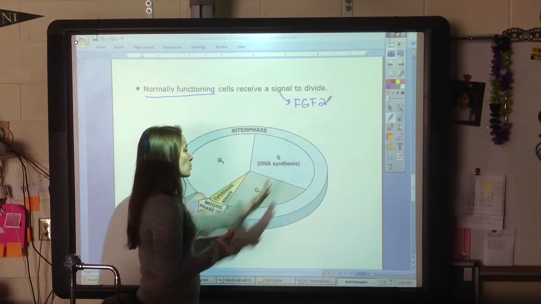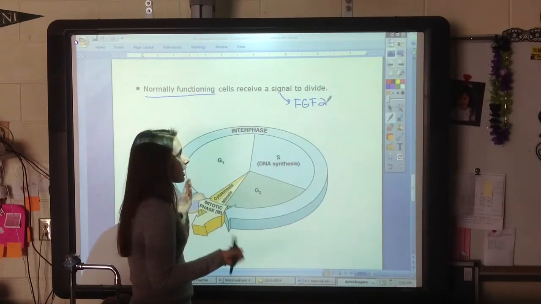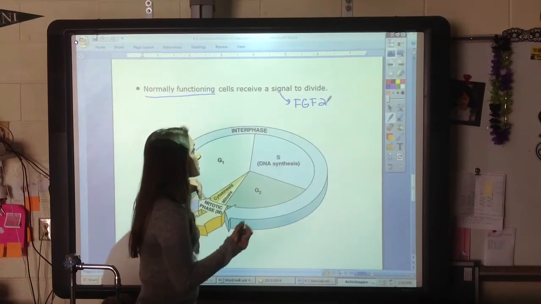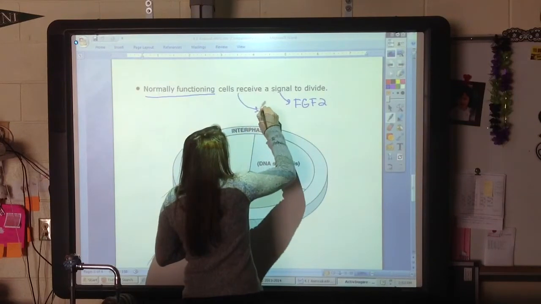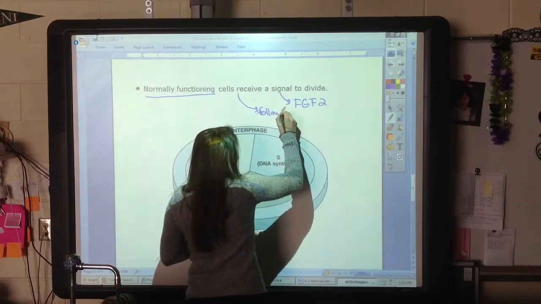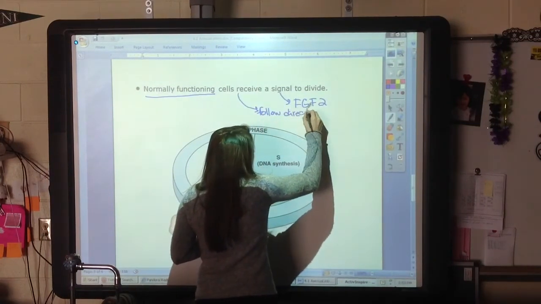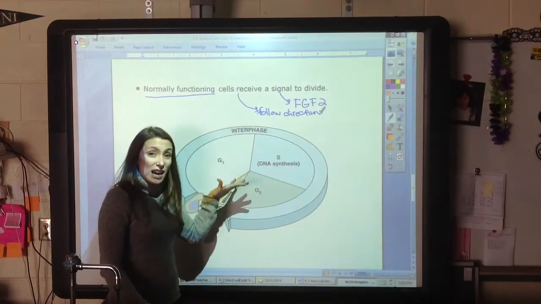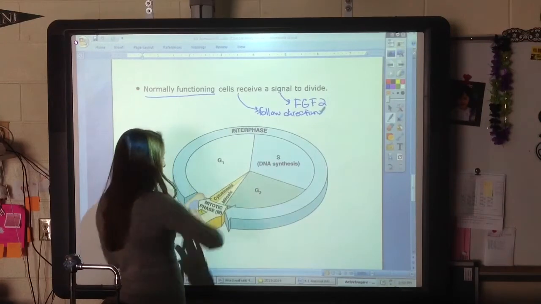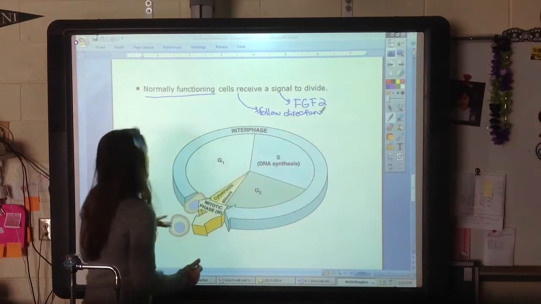We're going to talk much more about this cycle, and we're going to talk about how these cells should also follow directions, right? When we talk about cancer cells, it turns out that there's some sort of breakdown in the communication.